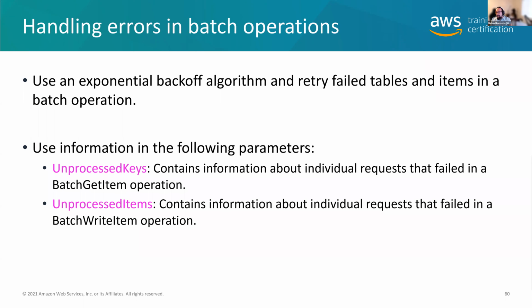Now, when it comes to batch operations, the SDK is going to retry automatically, and it's going to use exponential backoff and retry failed tables. But you are going to have to get information from unprocessed keys and unprocessed items if you want to see what actually has failed.